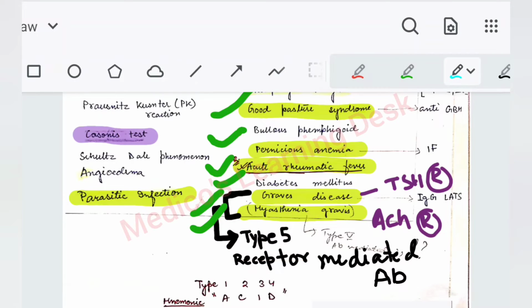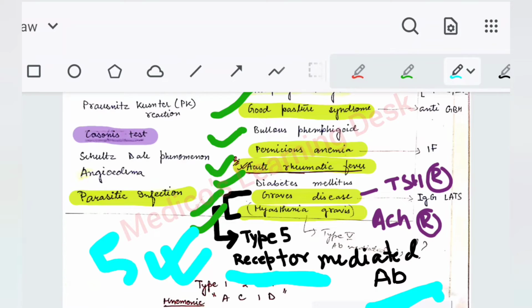Because type 5 is receptor mediated antibody. Where there is receptor mediated antibody occurring, they fall under type 5. So this is a new type found which includes Graves disease and myasthenia gravis, both of them are shifted to 5.